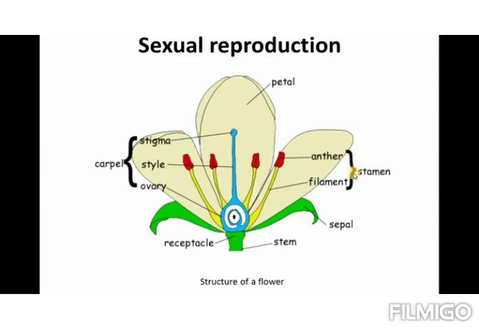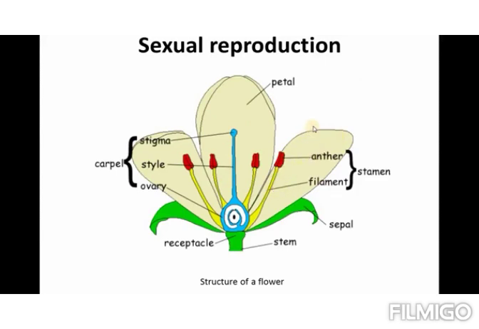So this is the third whorl, the androecium, and in it one member is called the stamen, which has 2 parts: the upper one is the anther and the lower one is the filament.